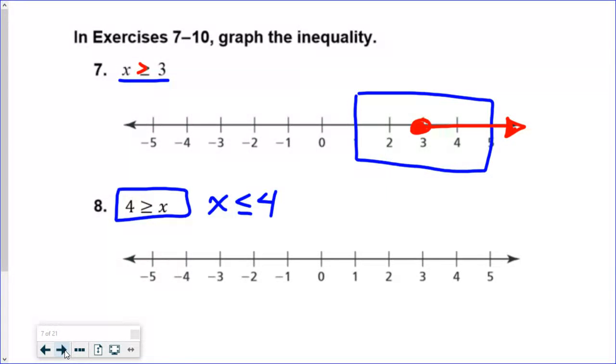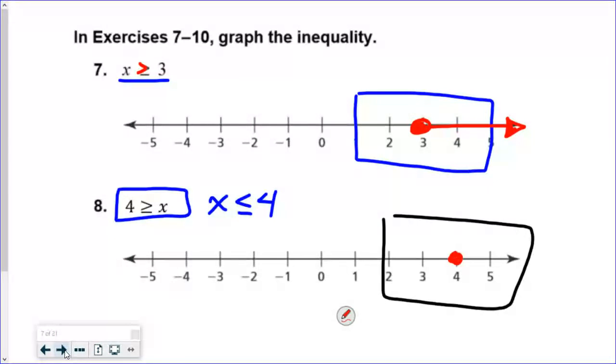So I'm going to go to the 4. So again, you would only see this much of it on the homework today. But now fill in that because it's less than or equal to, and where are the numbers going? Less, and the arrow is actually matching. So shade that in.